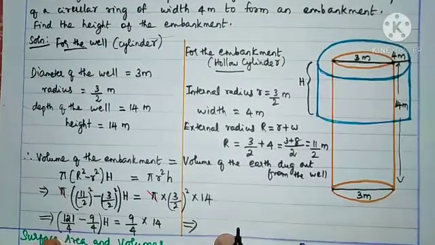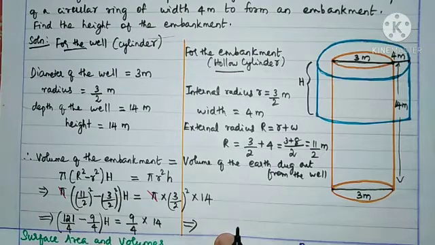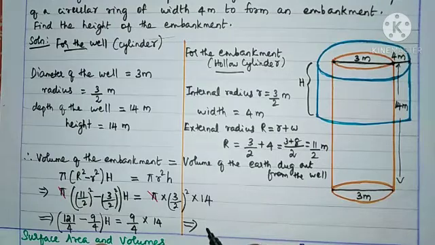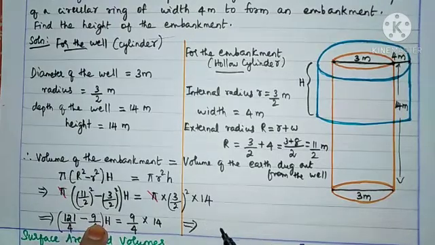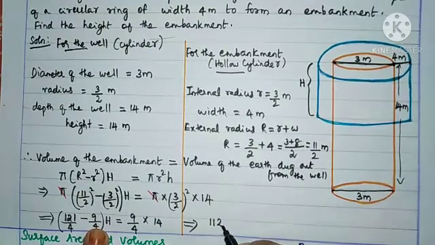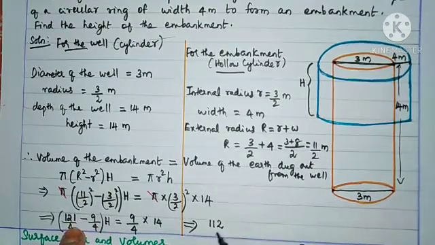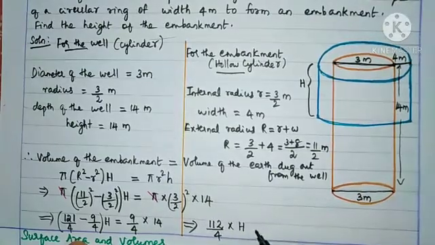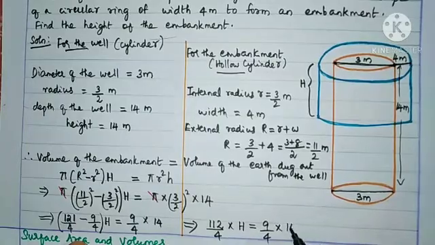It is a fraction, so you can subtract the numerators. So what are we getting? This implies 121 minus 9 is 112. Okay, 112 by 4 into h equals 9/4 into 14.